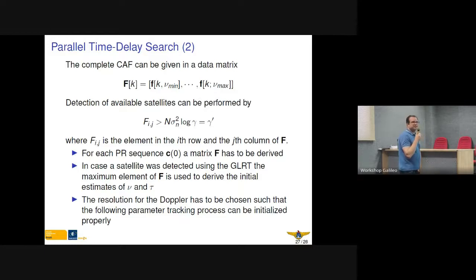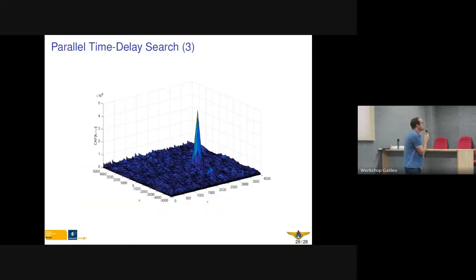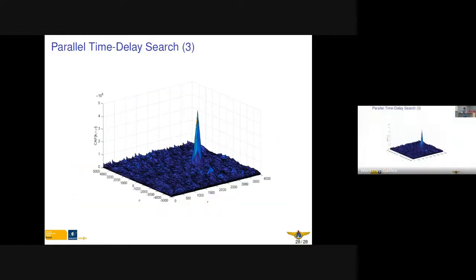And then on the last slide, we can see an example of the cross ambiguity function. On the left-hand side, we have the Doppler bins from 5,000 to minus 5,000 hertz. This is a reasonable range because of the relative motion of the satellite to a static user. We are not expecting a Doppler higher than 5,000.